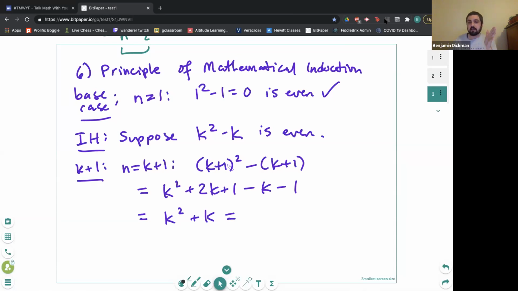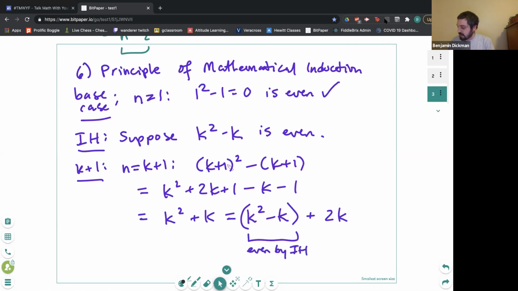And the idea here is to use our inductive hypothesis, right? So let's take that inductive hypothesis. And we can just note that to get from k squared minus k to k squared plus k, we just add a 2k to the end, right? And now we're in a good situation because this is even. That was our inductive hypothesis. And this is absolutely even, right?